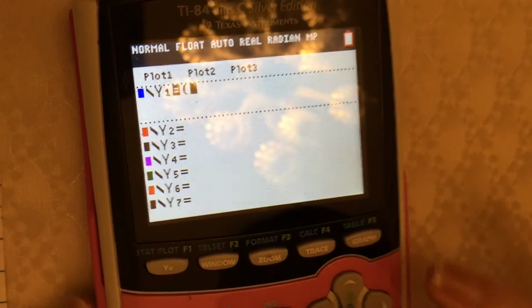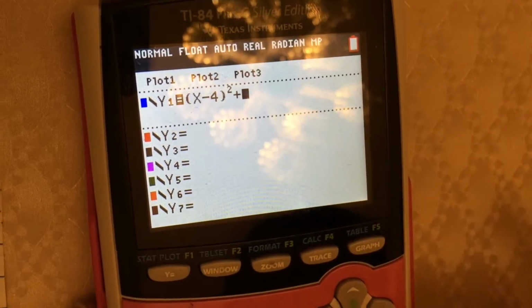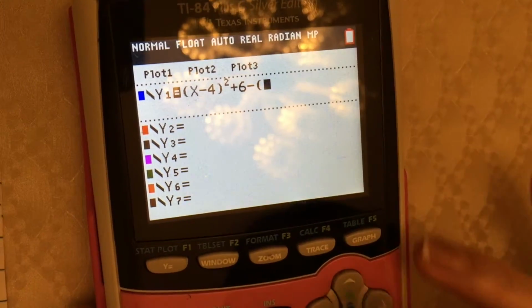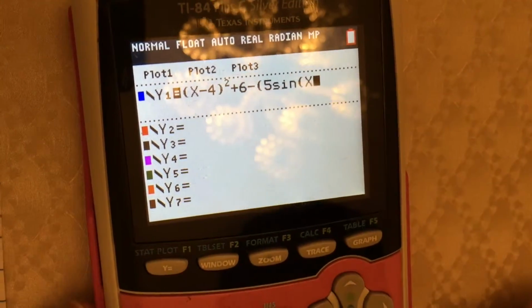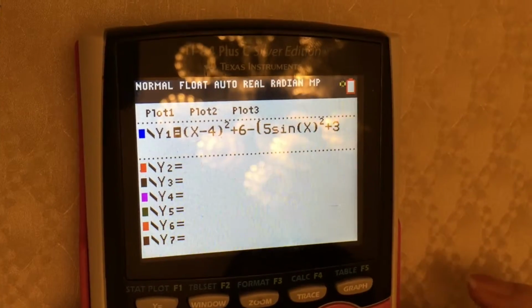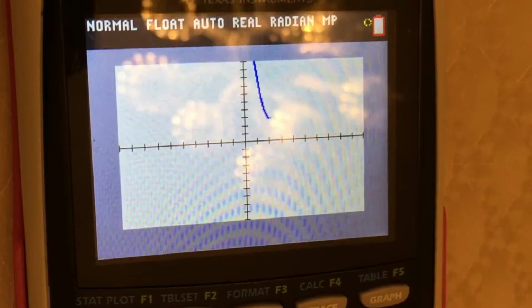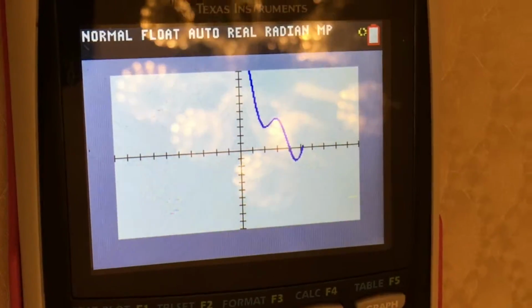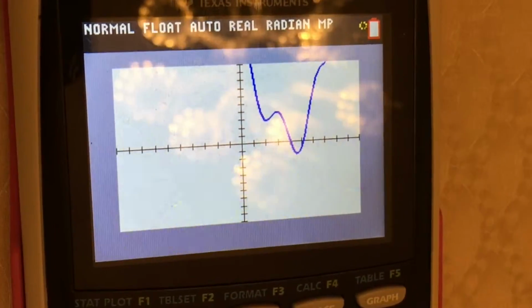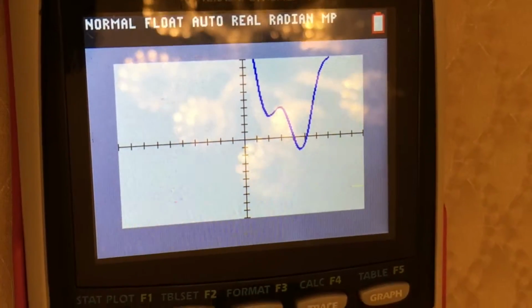So, a of t minus b of t. And then graph it. Alright, so now we find when the graph is equal to 0.